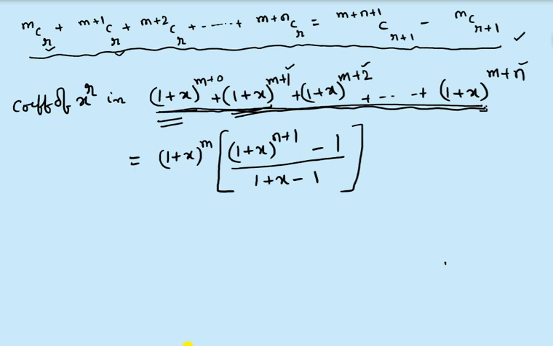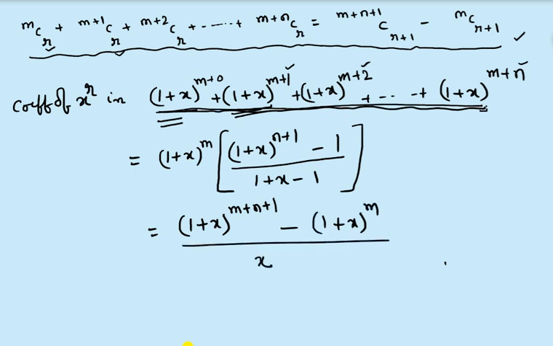So this can be written further as ((1 plus x)^(m+n+1) minus (1 plus x)^m) divided by x. Okay, so in this the coefficient of x to the power of r is this one, right? But we have to get the coefficient of x to the power of r, but the denominator x is there.